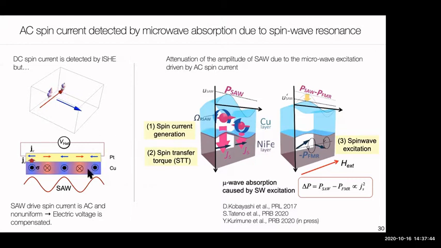The generated spin current is injected into the platinum film, and there the injected spin current is converted into the transverse electric charge current. But in our case, the generated spin current is non-uniform, which means the electric voltage is compensated. So we cannot use the conventional method to detect the AC spin current.